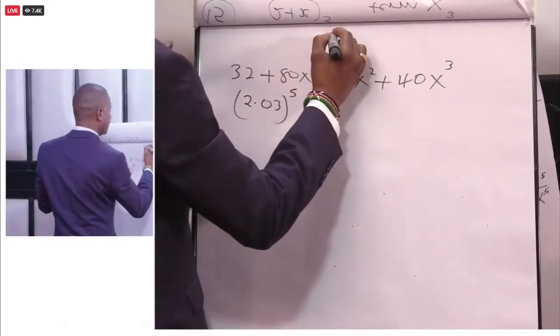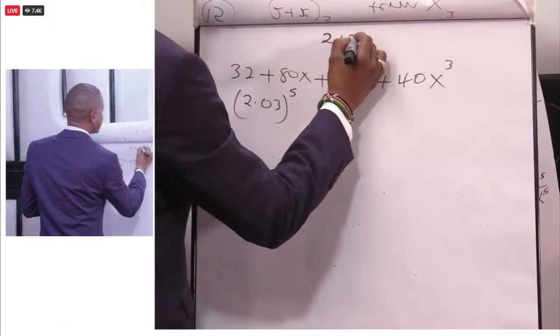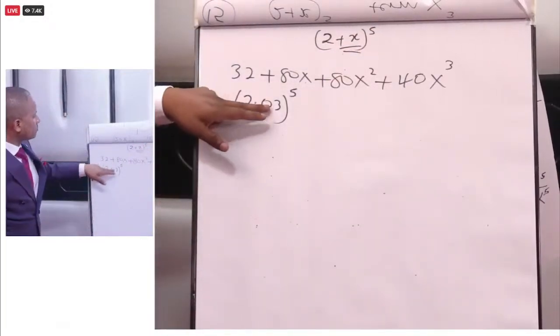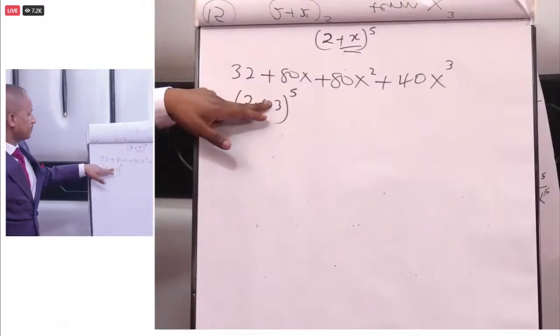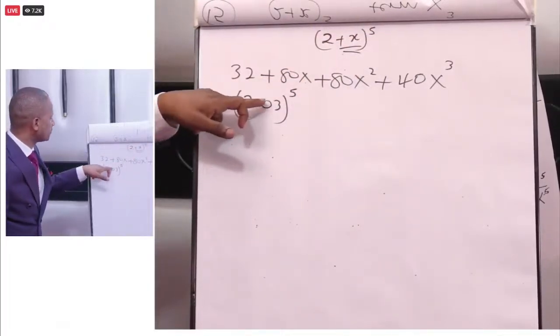Remember, our initial equation was 2 plus x raised to power 5. So we want to find the value of x, because 2 plus x raised to power 5 is equal to 2.05.